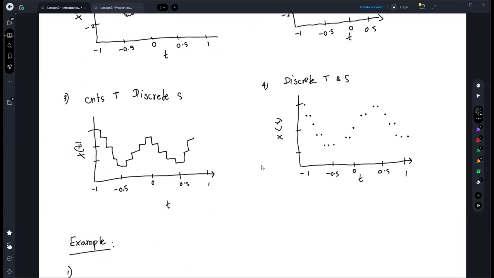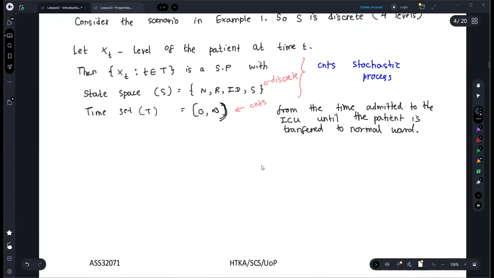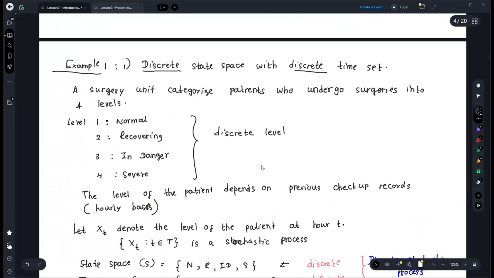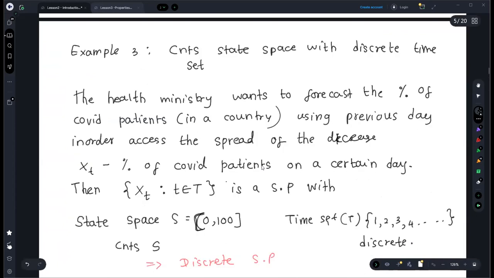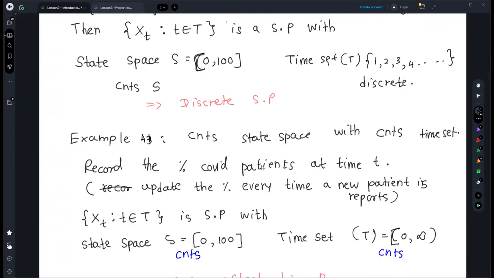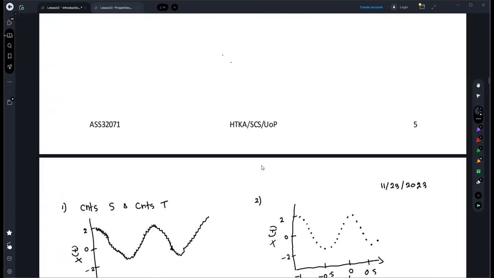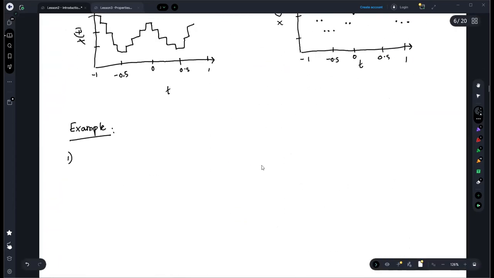You can refer to the examples we did last time, so you can design similar examples. Just think about an example.